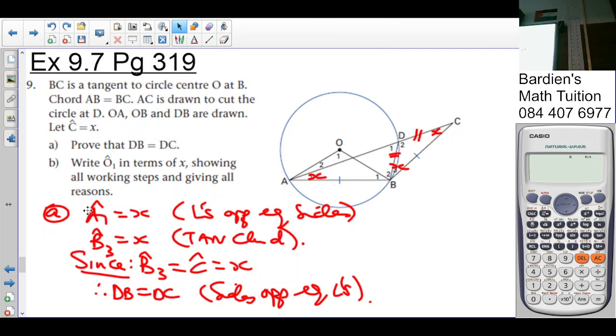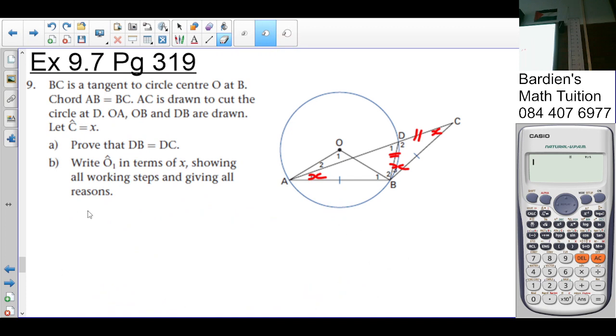Right, let's carry on. Now it says write O1 in terms of X, showing all working. So O1 in terms of X. Here O1, angle at center, is twice angle at circumference. So which angle do I need? D1.